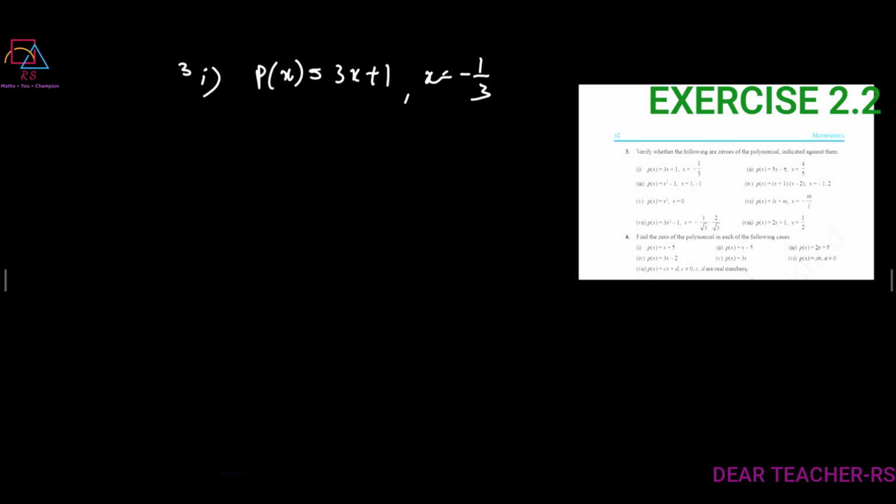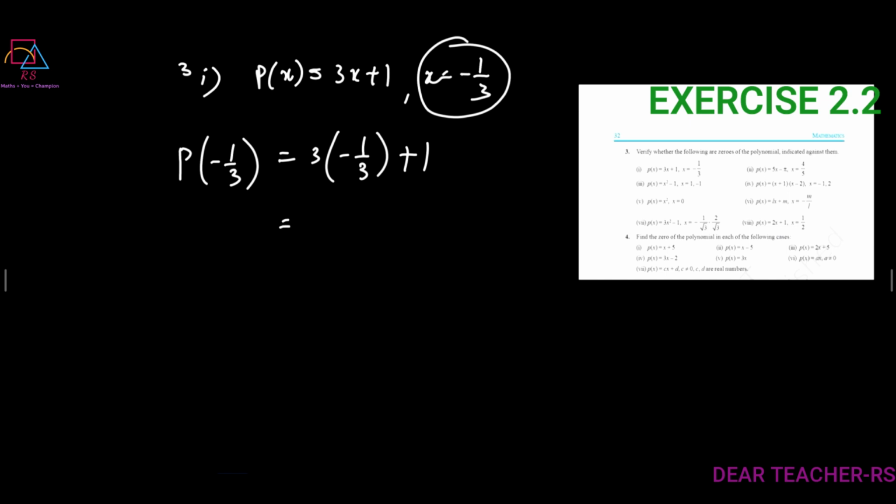Now you have to verify whether this x is equal to minus 1 by 3 is a zero of P of x or not. So for that, let us replace the x with minus 1 by 3. So in the left hand side, P of x is there. I have written minus 1 by 3. Let us see what happens if you write 1 by 3.